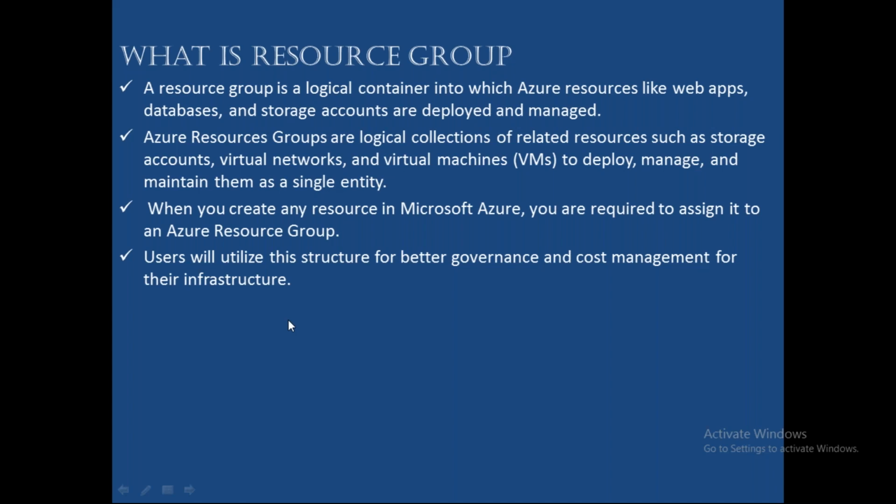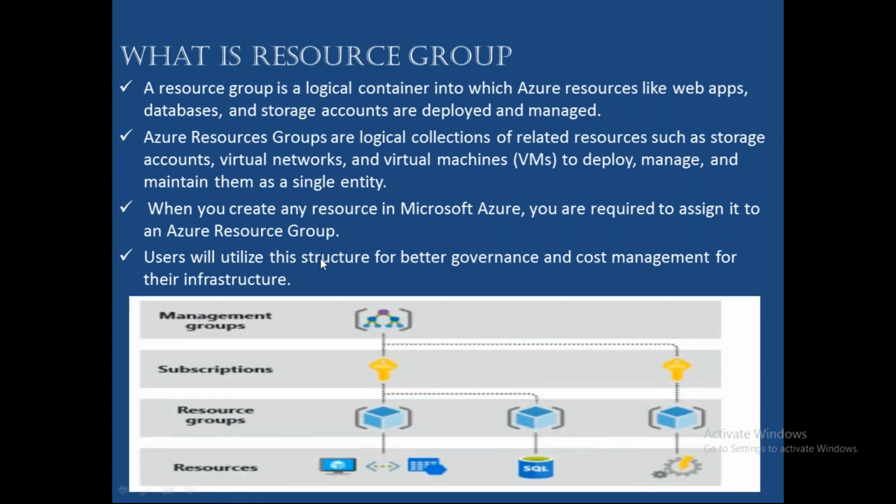How? Because under the resource group you have two services, Azure Databricks and Azure Data Factory: Data Factory 100 rupees, Databricks 200, so the total is 300. The resource group will tell you the total amount consumed by the resources under it. So you can do cost management also. Something like this you can have, friends.